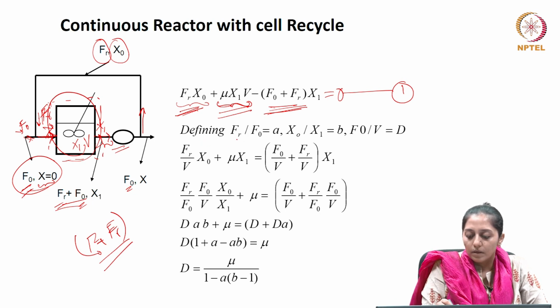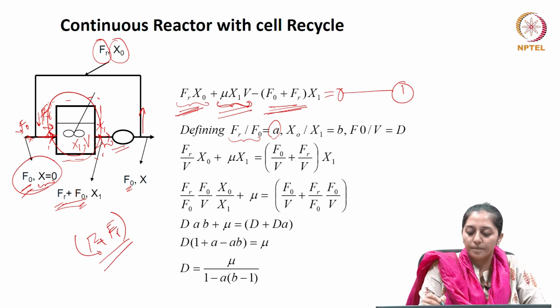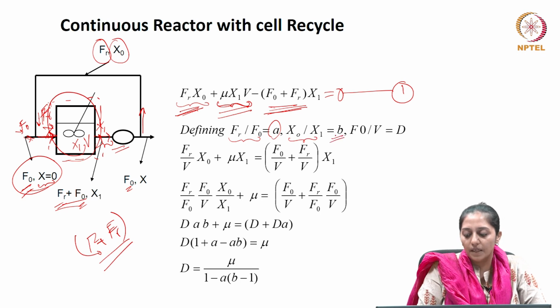Now, Fr by F0 has been represented as fraction A, x0 by x1 has been represented as B, and F0 by V has been represented as D, which is the dilution rate.